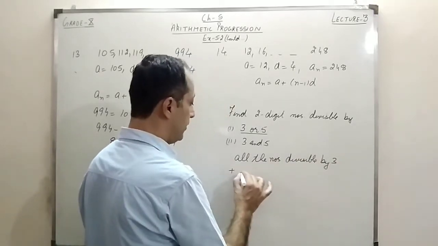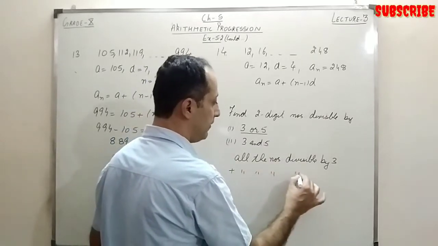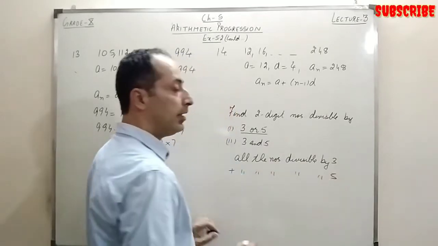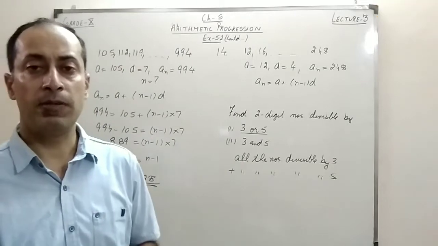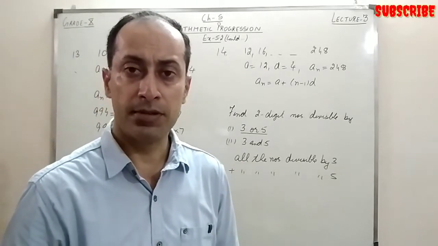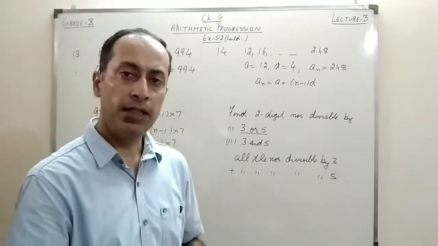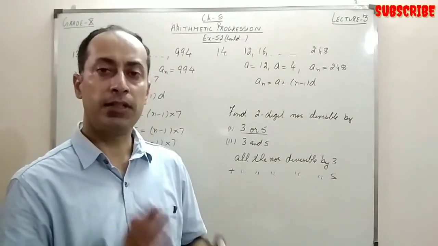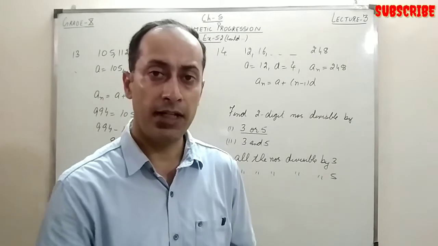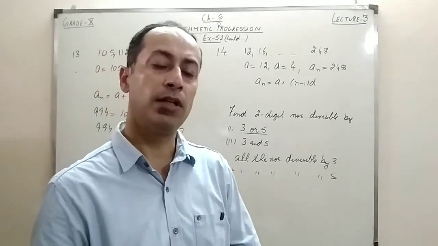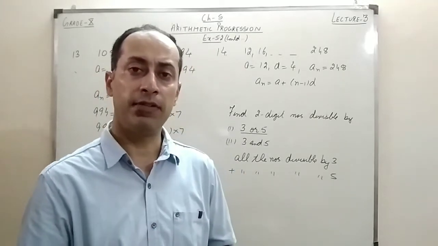Then you add all the numbers divisible by 5. Now there will be some instances where we'll have some common numbers. Like if you talk about 15, 15 is divisible by both 3 and 5. If you talk about 30, it's again divisible by 3 and 5. If you talk about 45, again 45 is divisible by both 3 and 5.